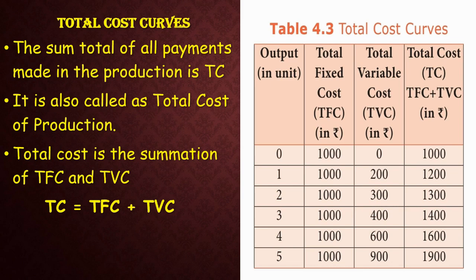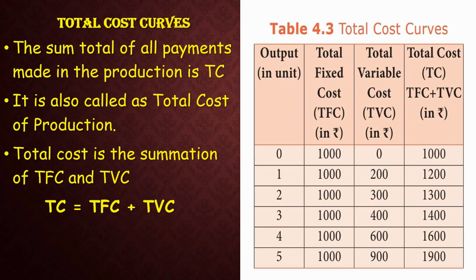Now in this schedule it is very clear that we have output, total fixed cost, total variable cost and the summation of total fixed cost and total variable cost. The total fixed cost is fixed at 1000 for all the 5 units of output. The total variable cost changes according to the changes in the level of output. Total cost is the summation of total fixed cost and total variable cost.